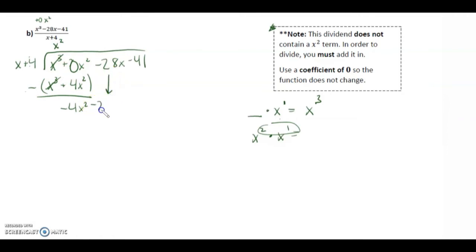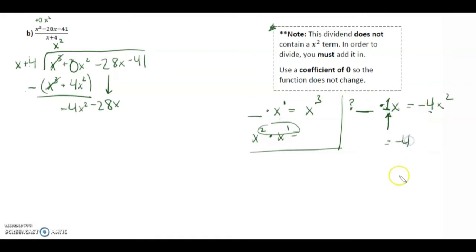And then we bring down the negative 28x. So what number here is going to multiply by x to give us negative 4x squared? So we have to look at both the variable and the coefficient. So the coefficient here is 1. So what times 1 gives us negative 4?